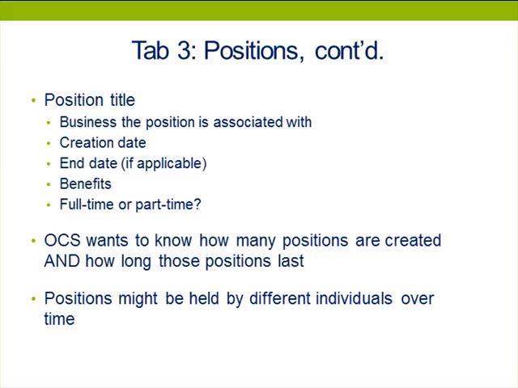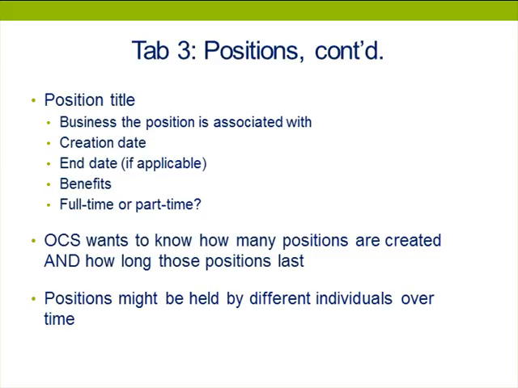So the data that you enter in this tab helps OCS understand a count of how many positions were created, and it will also tell OCS how long these positions lasted in the community. So the first shows that you're creating the number of positions that you set out to create, and the second shows that the positions you're creating are sustainable in the community.